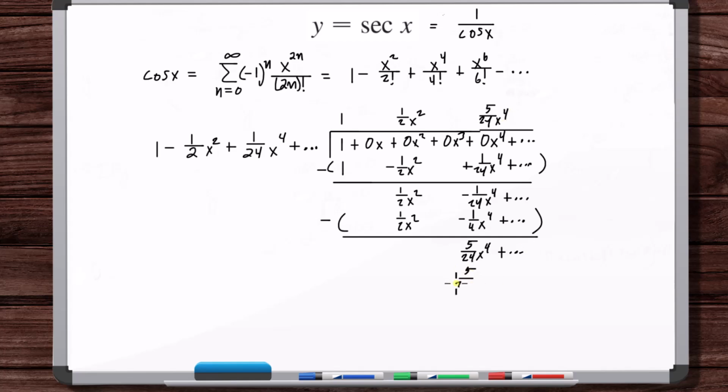So multiplying that by the divisor. Okay, and then that's it. So there you go. That's it. So this is approximately equal to 1 plus 1/2 x squared plus 5 over 24 x to the fourth.